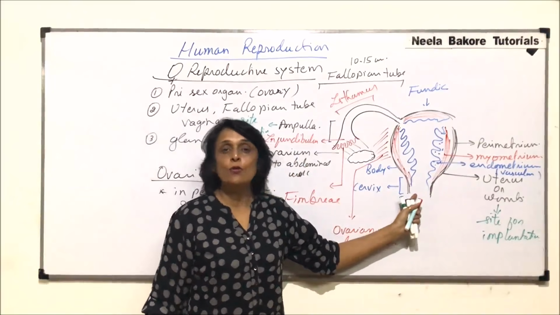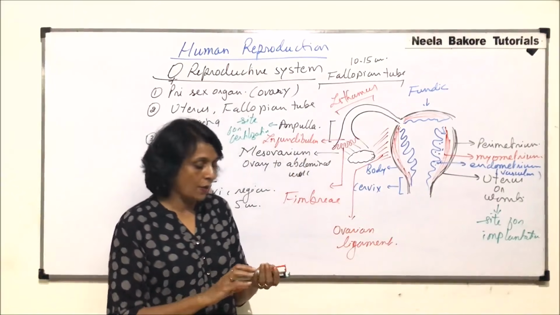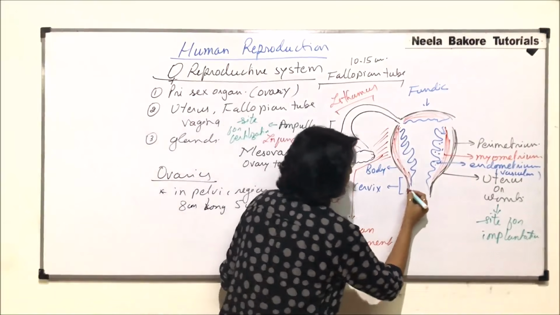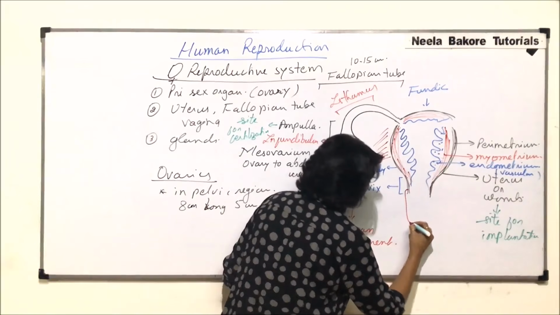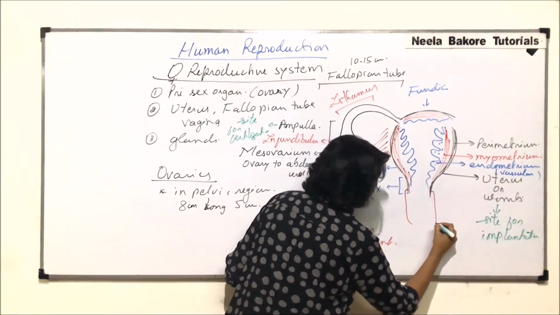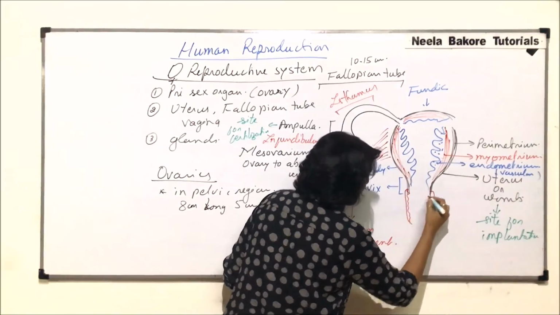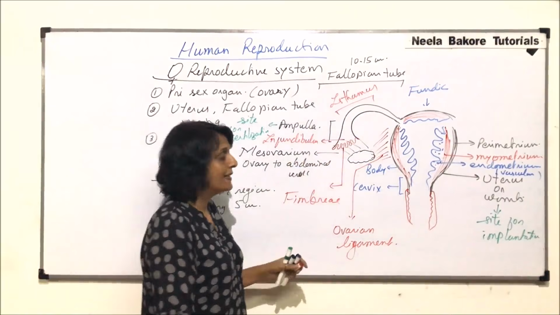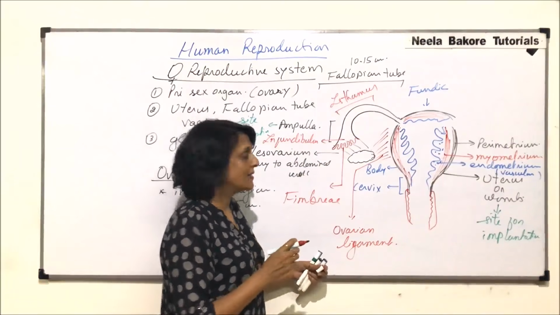Now this narrower part is called the cervix. Cervix opens into another muscular structure which is called vagina. Vagina has inner surface which is rough, that is known as vaginal rugae.